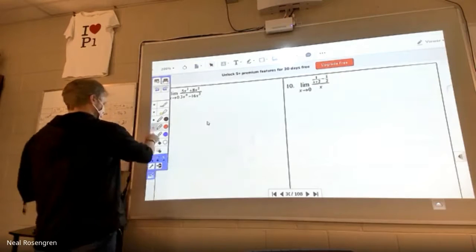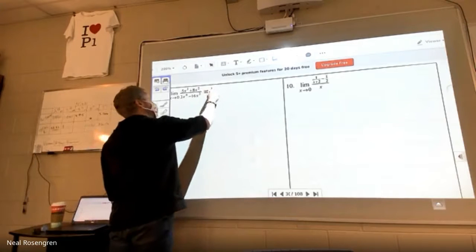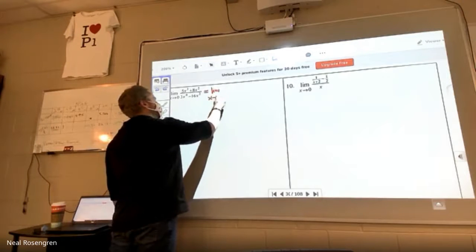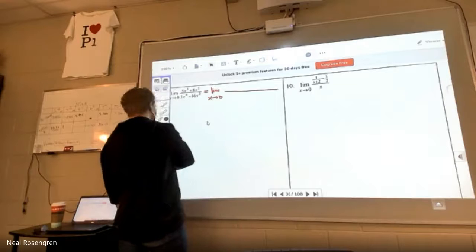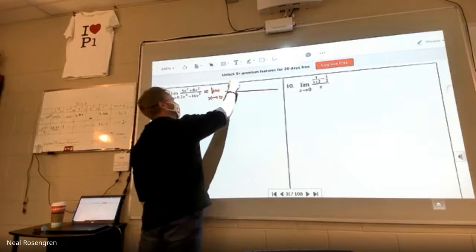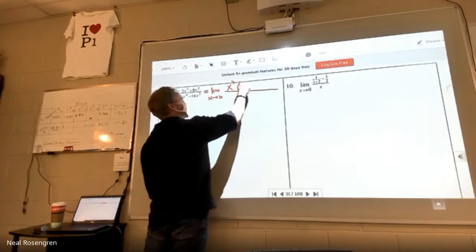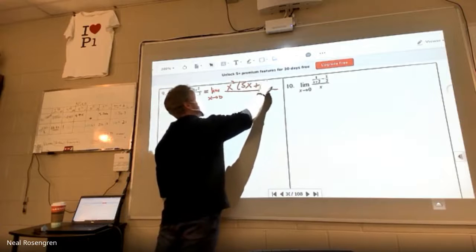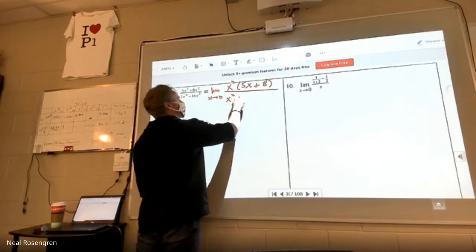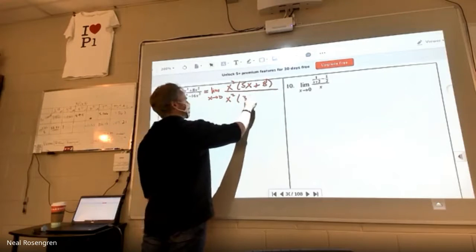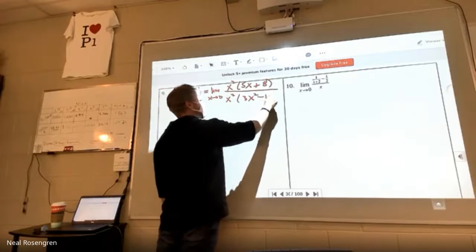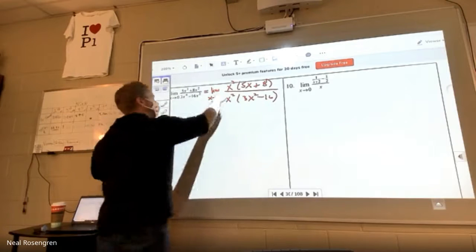So limit as x approaches 0. So factor. GCF is always the first thing I look for, and that GCF is x squared. So 5x plus 8. GCF on the bottom, also x squared, 3x squared minus 16. So these are gone.